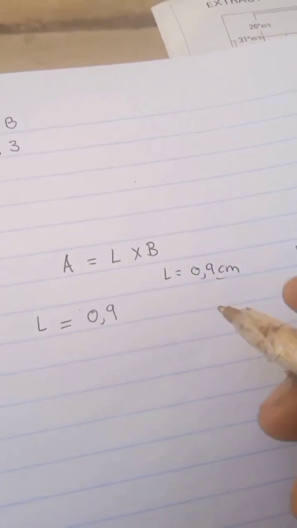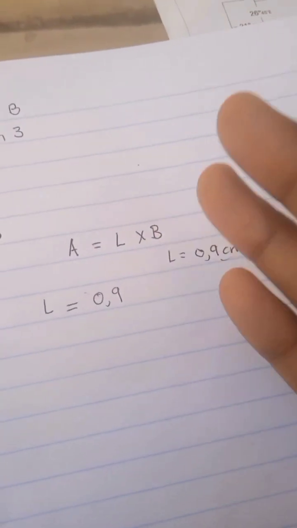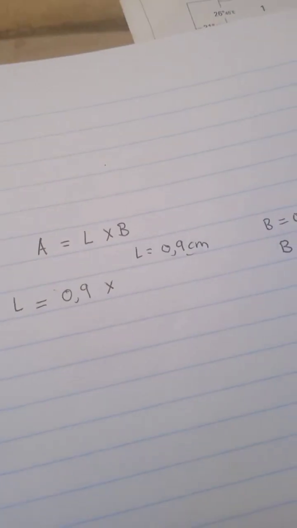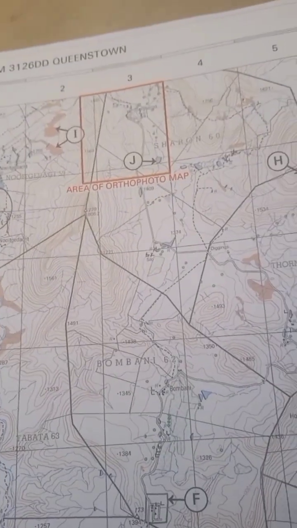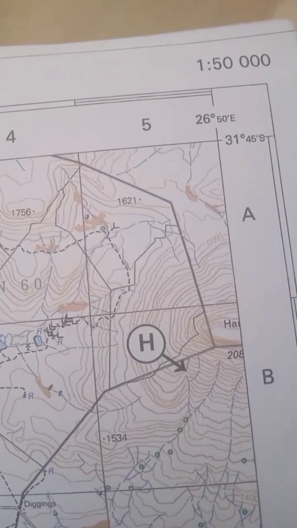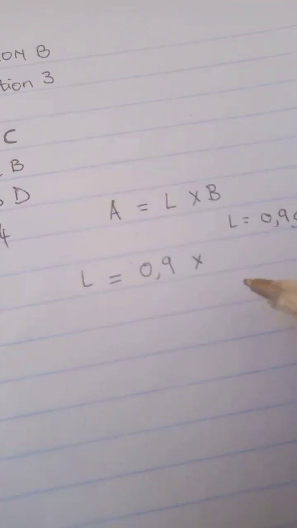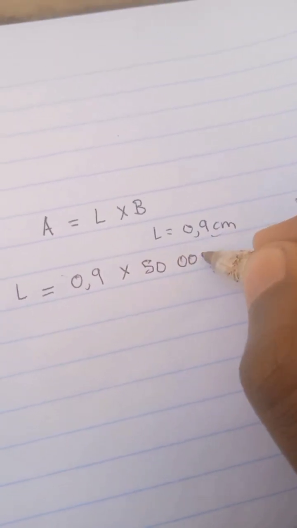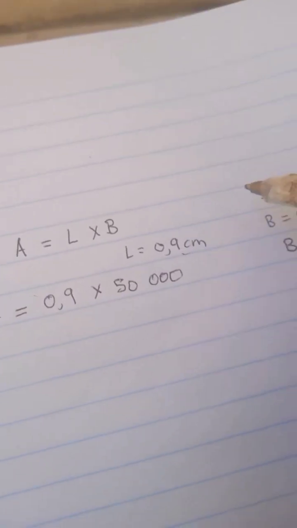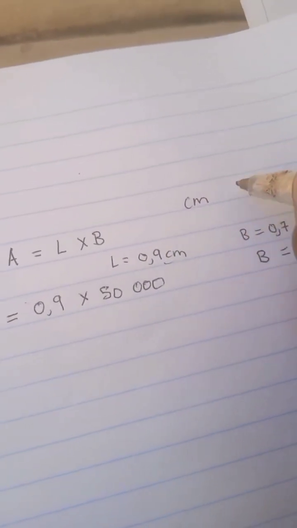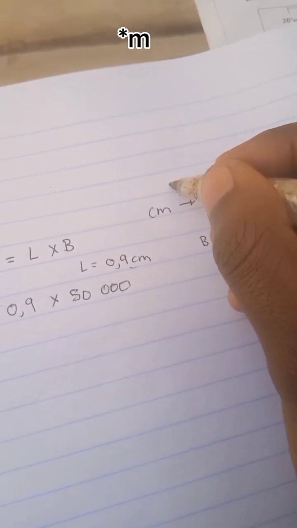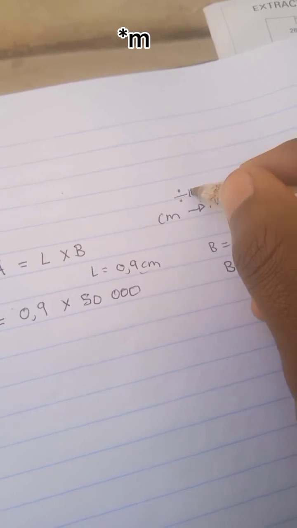So in order to get the actual distance, you know this from the distance formula, that we multiply the measured distance with the map scale. In this case, the map scale of the topographic map is 50,000. So multiply this 0.9 by 50,000, and then because we want to convert from centimeters to meters, we divide by 100.